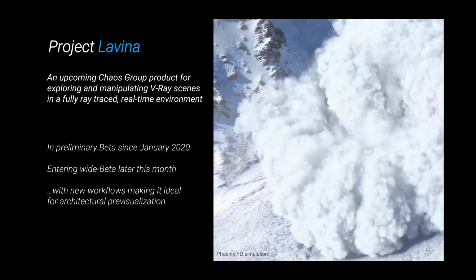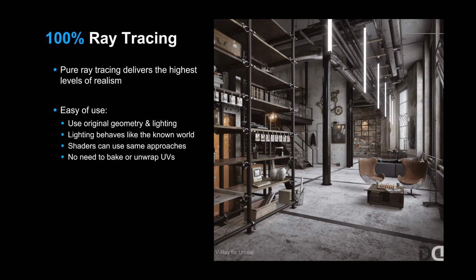If you are treating the world the way it actually behaves, with all behaviors of light and materials, then it's actually easier to author for. You don't have to think about computer graphic techniques. You simply think about the way the real world works. The other thing is that you don't have to do baking because all the lighting is dynamic.